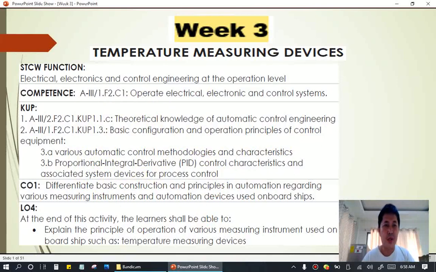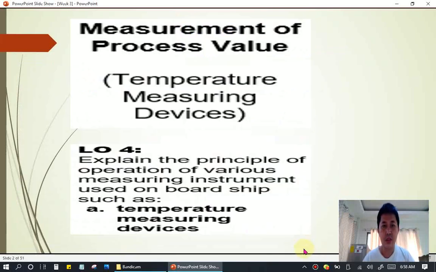This is taken from the STCW function. So let's get started. Measurement of process value. So temperature measuring devices.